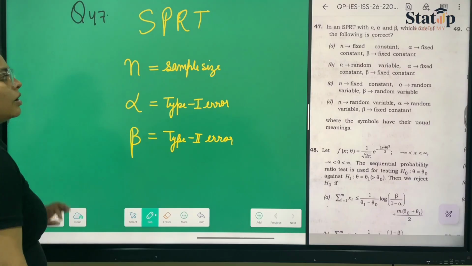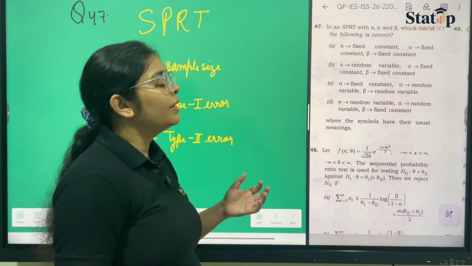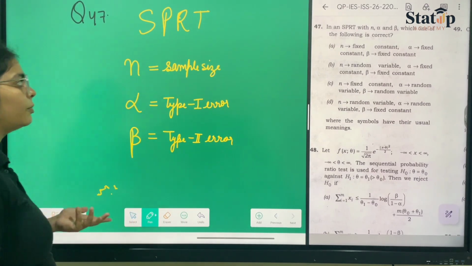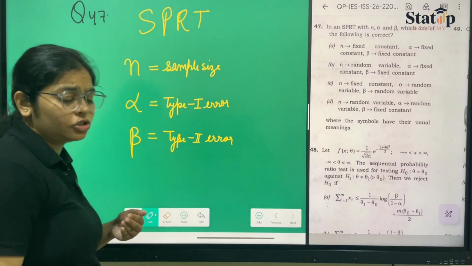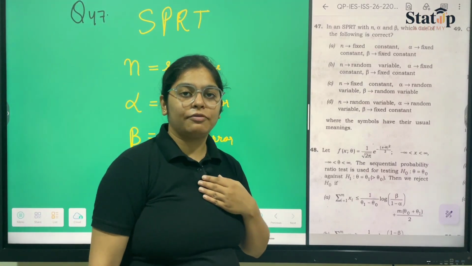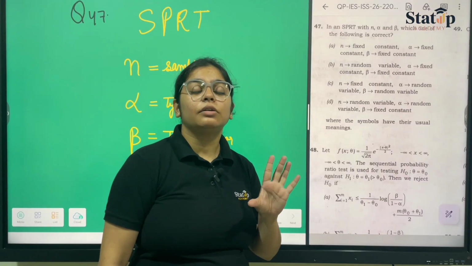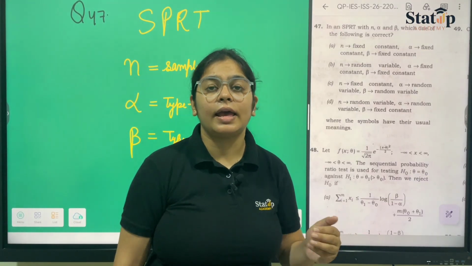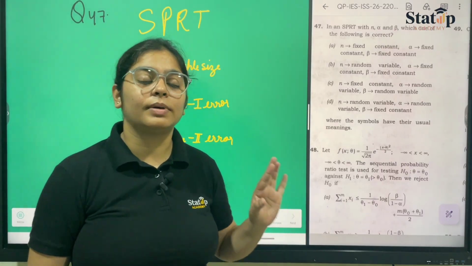Okay. Now since we have to find the SPRT, the sequential probability ratio test, in general, if I have to figure out something, I will keep the errors constant and figure out n so that the errors decrease as much as they can.